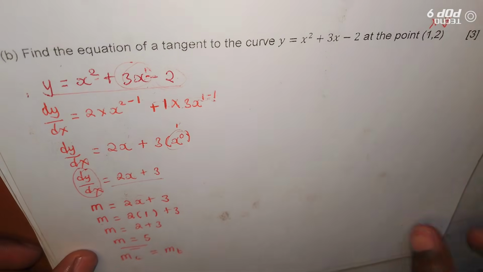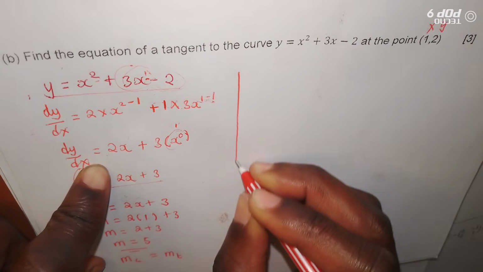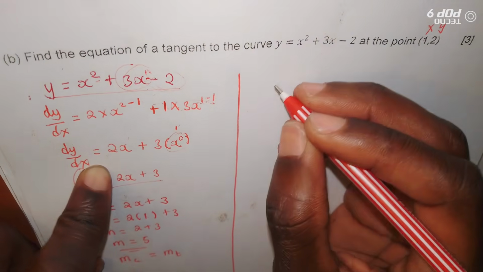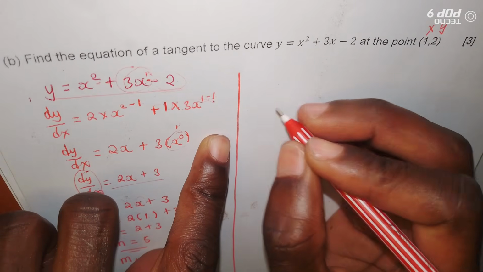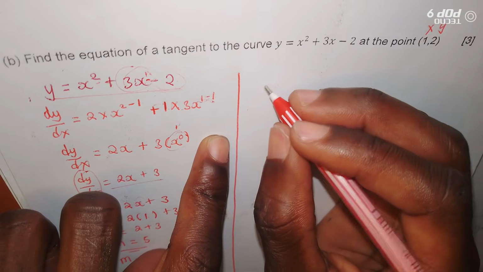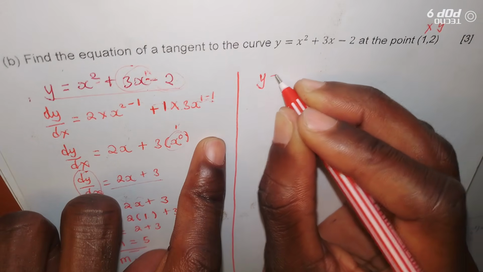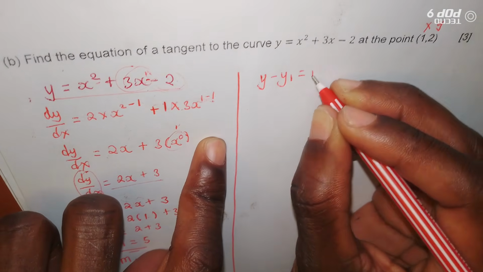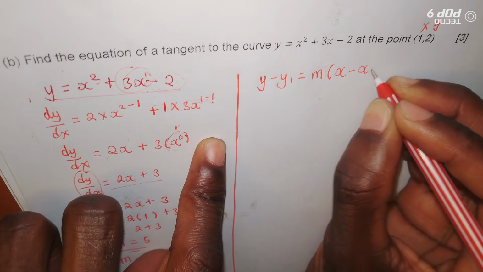Now what is the next step? We introduce the equation of a straight line, where we know that a tangent is just a straight line that meets the curve at one given point only. A straight line is given by y minus y1 is equal to m open bracket x minus x1.